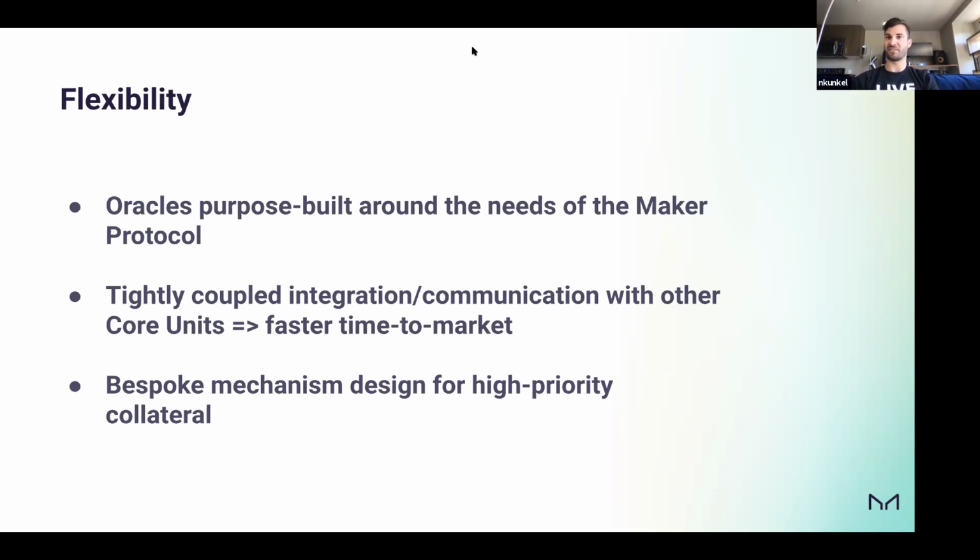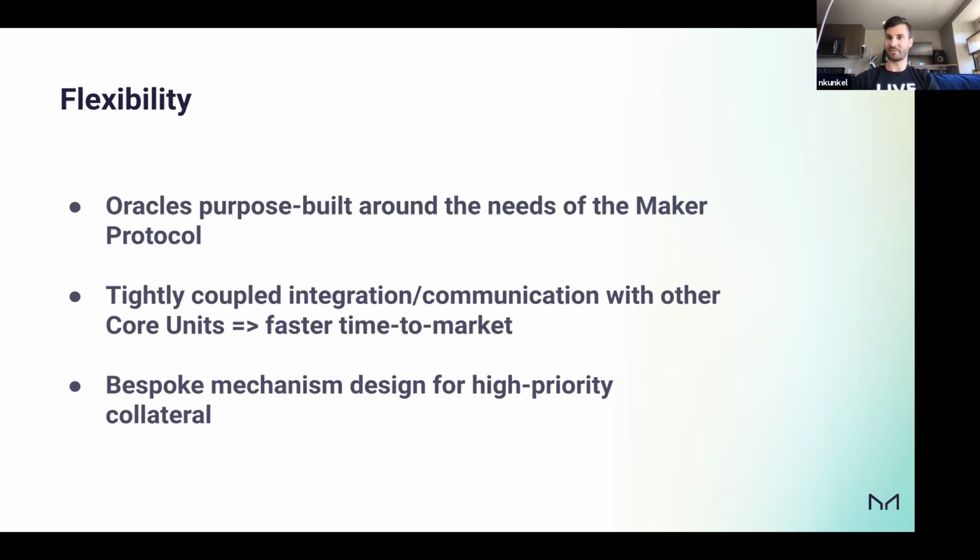And as we've seen in the past, time to market can be everything, right? Imagine if we had gotten the LP tokens out months later, would we have seen the same traction? Probably not. Imagine if we had gotten the LP tokens out much earlier, we could have probably seen a lot more traction, right?